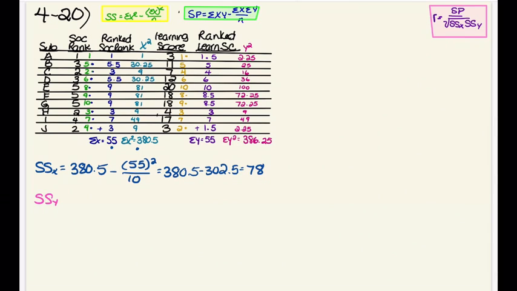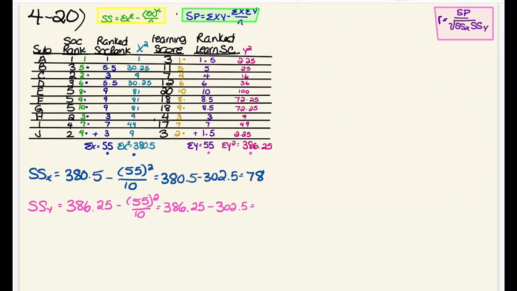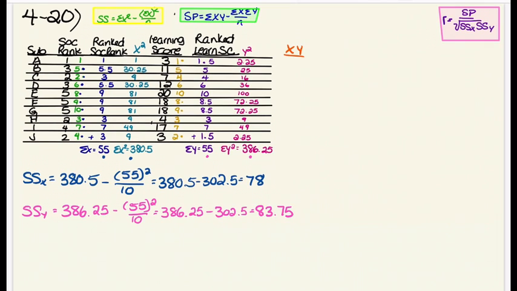Then we'll calculate the sum of squares for Y by taking the sum of Y squared and subtracting the sum of Y, squared, divided by N. We'll come up with a value of 83.75.